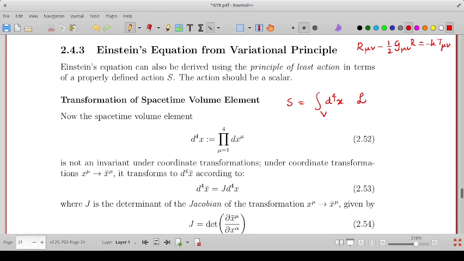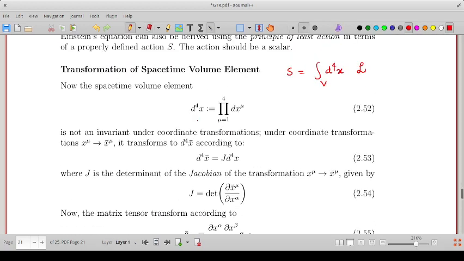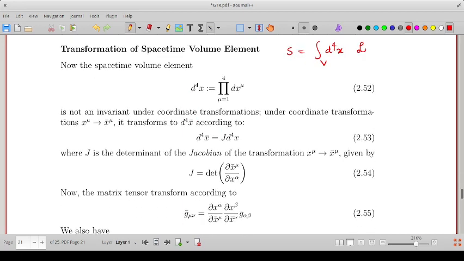First of all, we note that the space-time volume element d4x, which is dx1 times dx2 times dx3 times dx4, which I have written here as the product over mu of dx mu, is not invariant under coordinate transformation. So therefore, this is no longer an invariant quantity under the coordinate transformation.